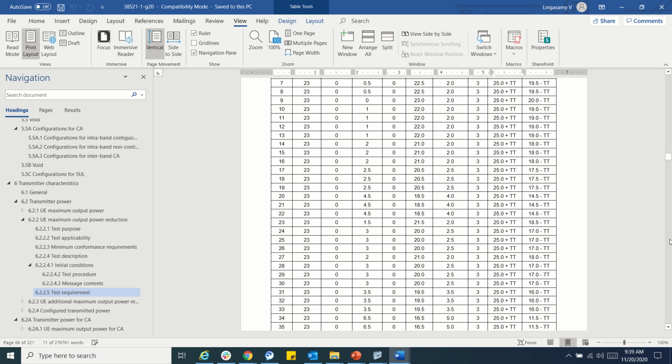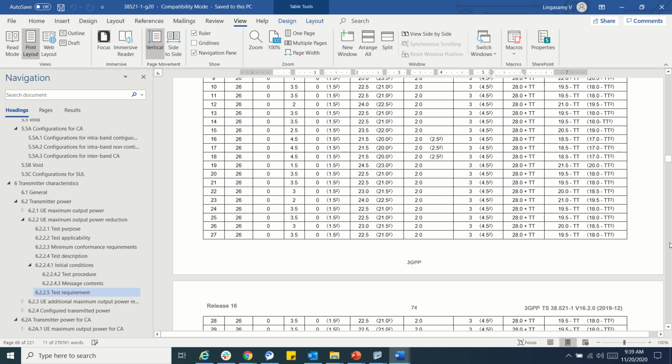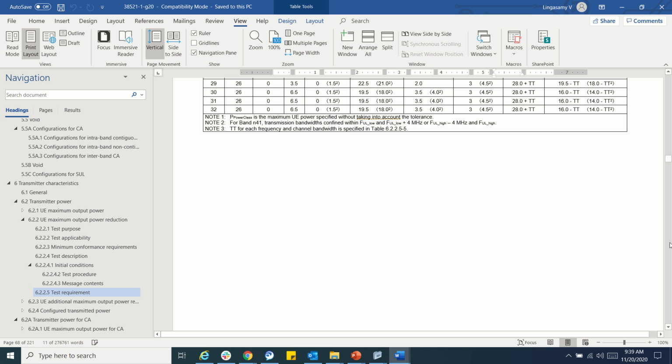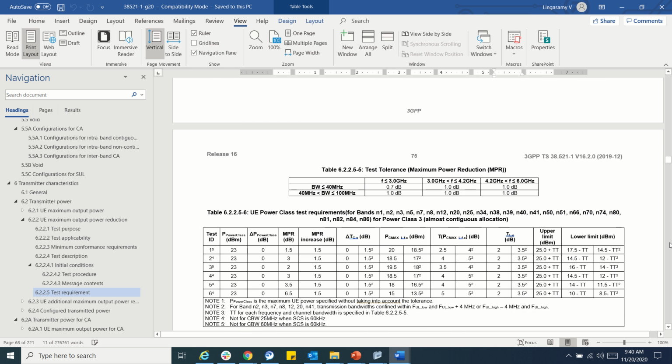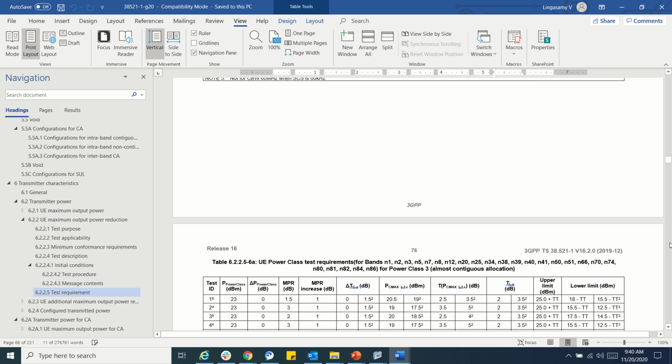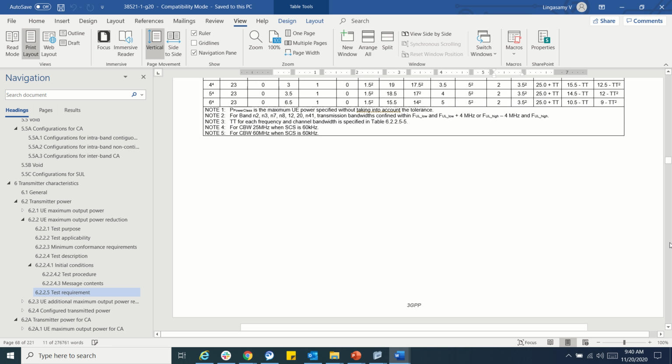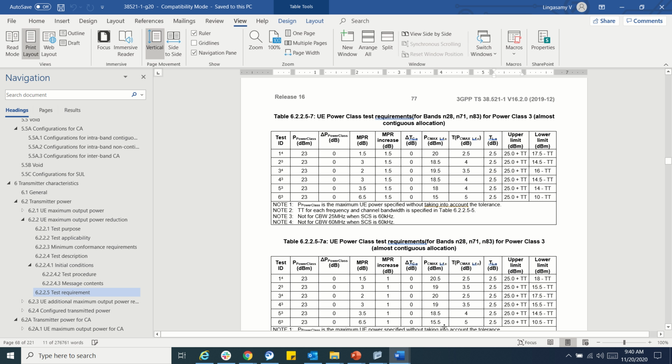So we have to investigate step by step, analyze several logs, and finally determine the root cause of the issue. It goes to and fro through multiple iterations, and finally you make the test case pass.